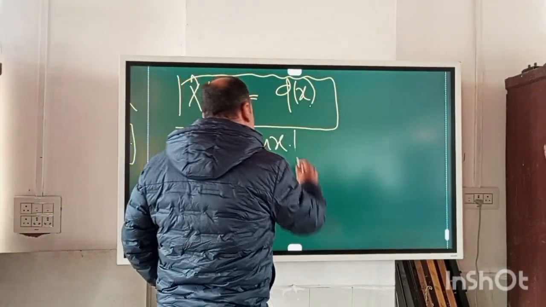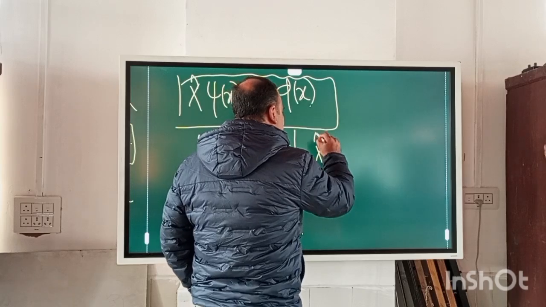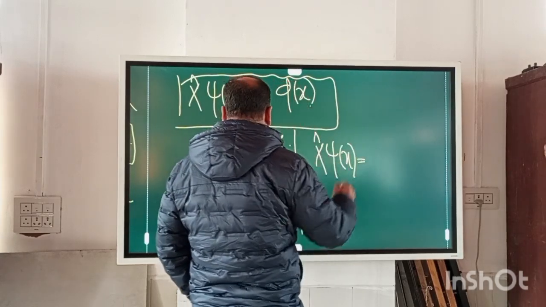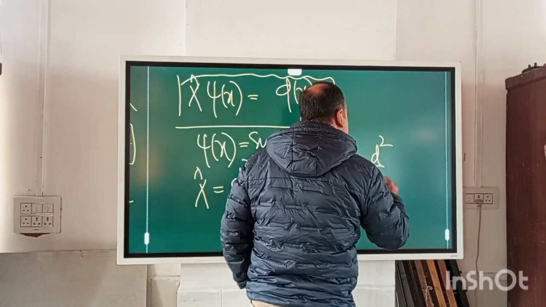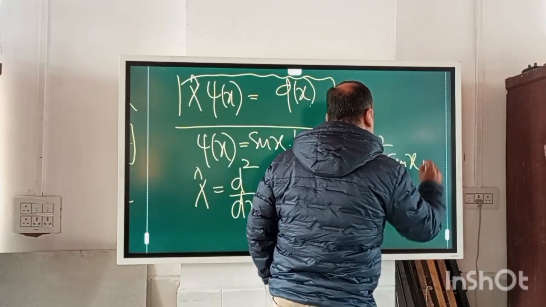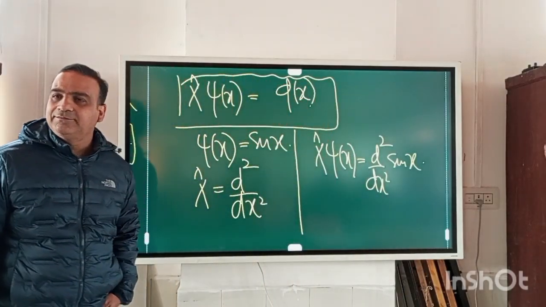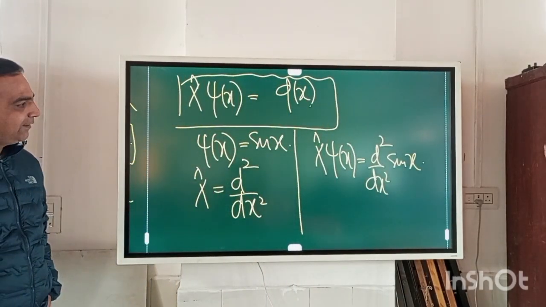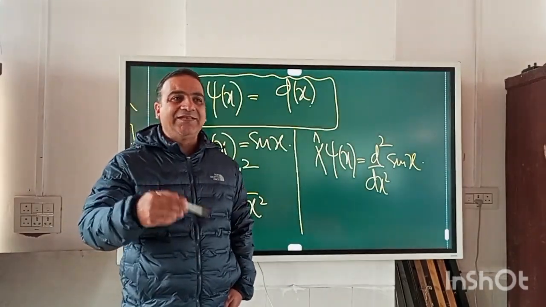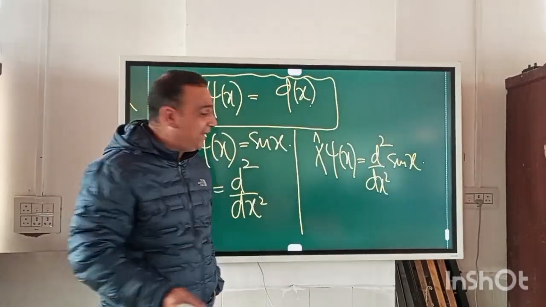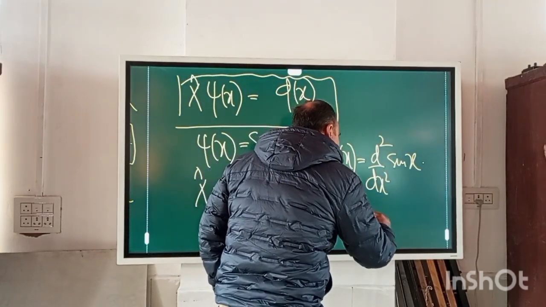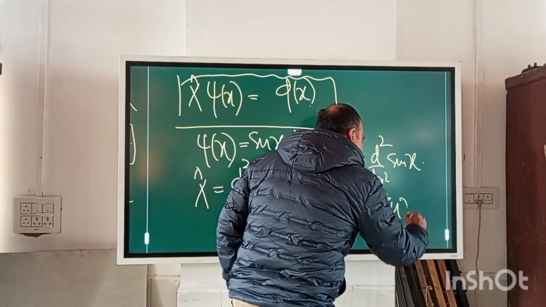How would I write it? x cap psi of x is d2 by dx2 of sine of x. You take the double derivative of sine of x, you get cos, then you get minus sine. So x cap on sine of x is minus sine of x.